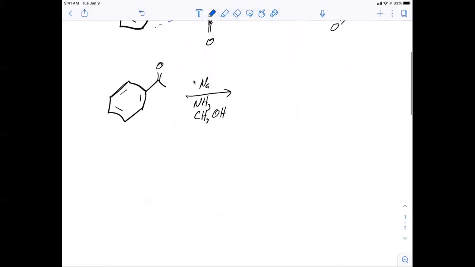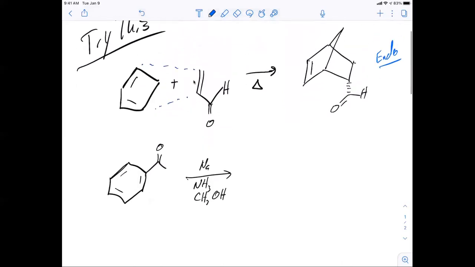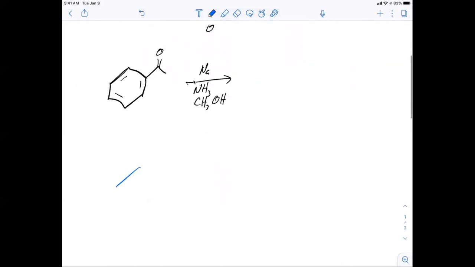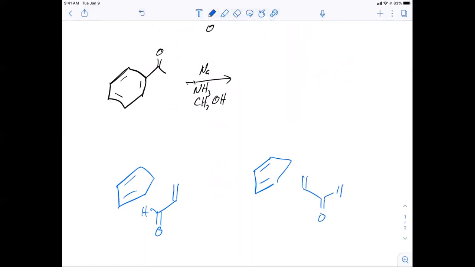Now, where the endo comes from is that whenever these come together, you have the choice of this transition state or this transition state. Because of the interactions between these p orbitals and that p orbital there, this is going to be favored.